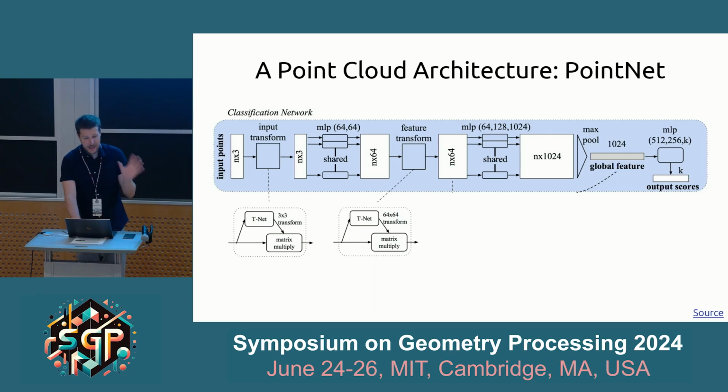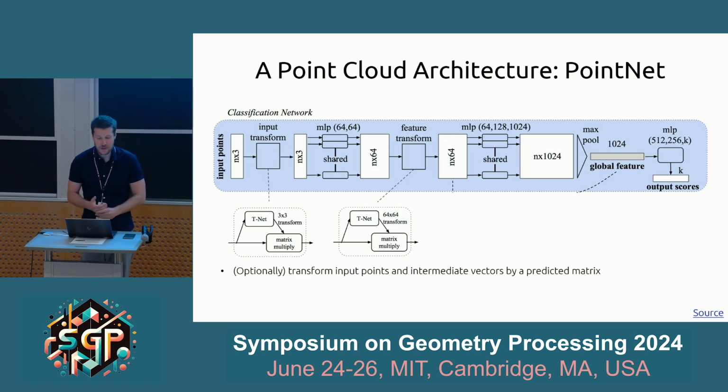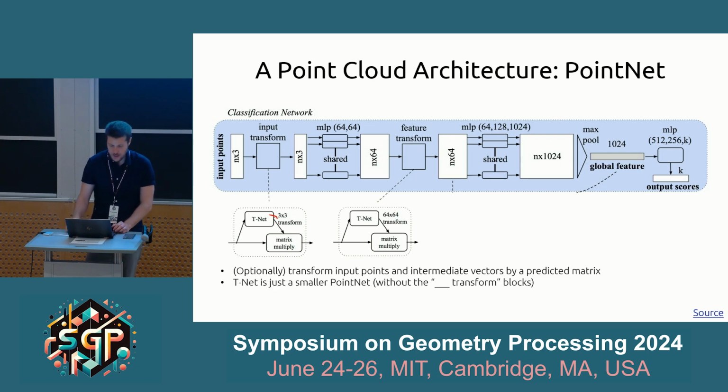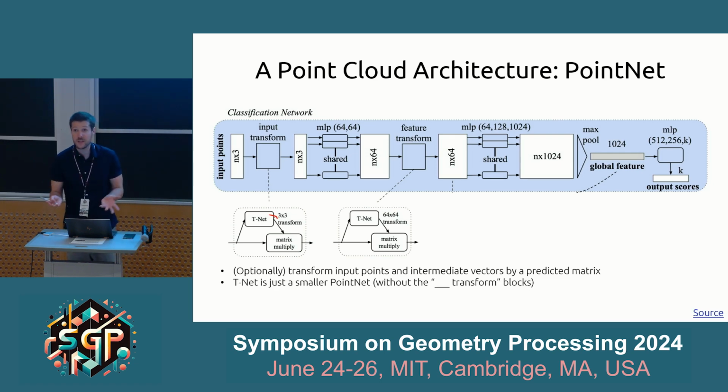Now, I did elide these details about the transforms. Basically, these are optionally transforming the input points and these intermediate feature vectors by some sort of matrix that gets predicted based on the input. It's predicted by this thing called the TNet. What is the TNet? It's really just a smaller PointNet that doesn't have these transform blocks in it.